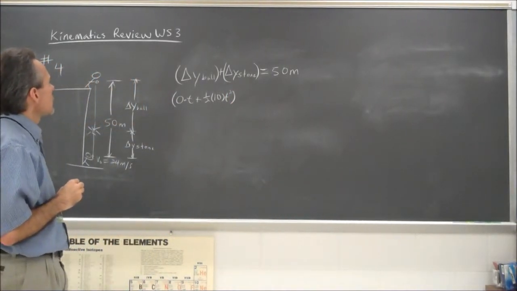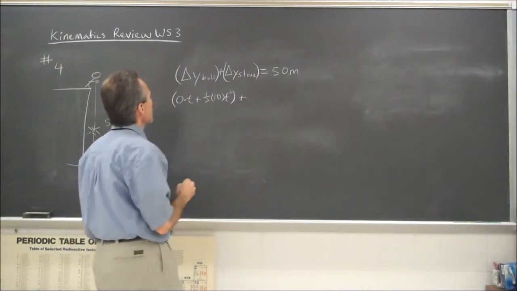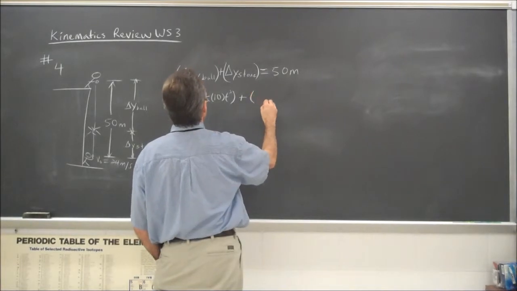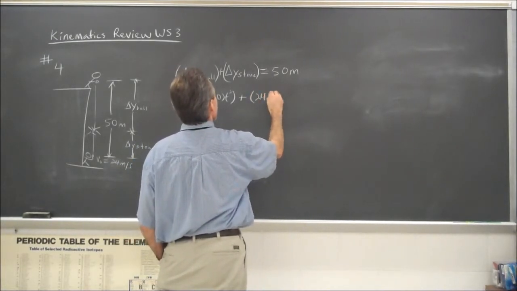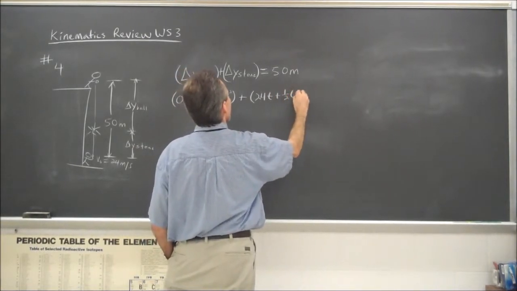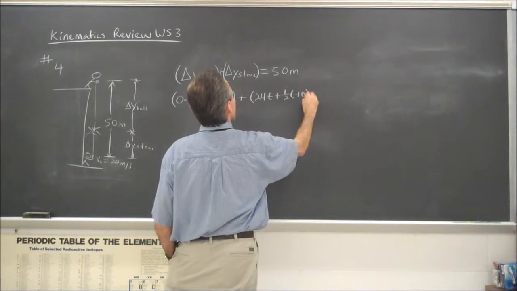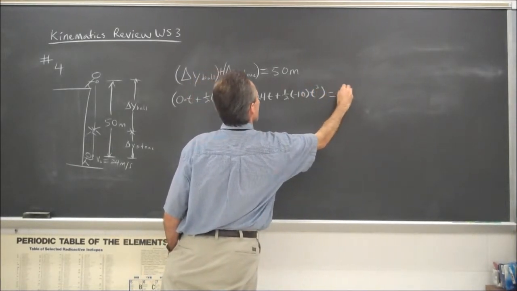And this one here is going to be 24 times t plus 1/2 of negative 10 times t squared equals 50 meters.